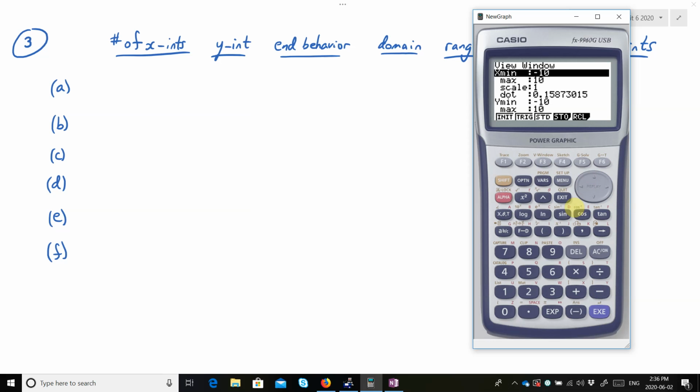Maybe we could standardize the view window, and I'll go gsolve. Root are the x-intercepts, so 0.3 repeating, which is 1/3.